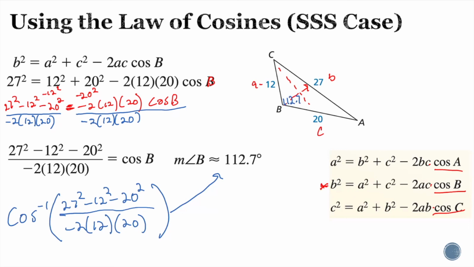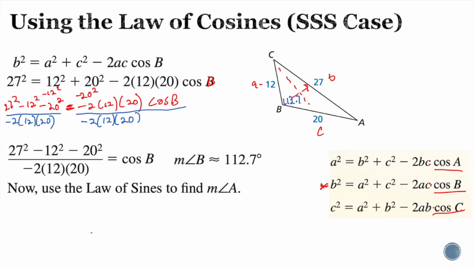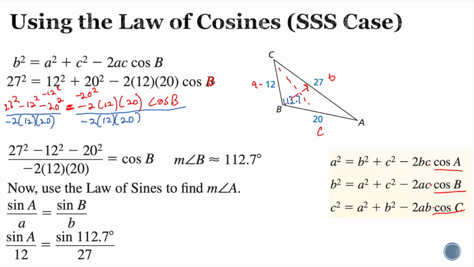And now I need to find some other things. I'm going to use the law of sines to find angle A. That is less work to do than law of cosines. So let's take a look. Sine of A divided by 12 is equal to sine of 112.7 degrees divided by 27, which is equal to sine of A is equal to what you see there.